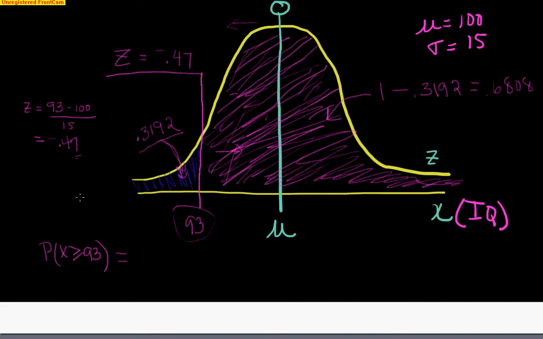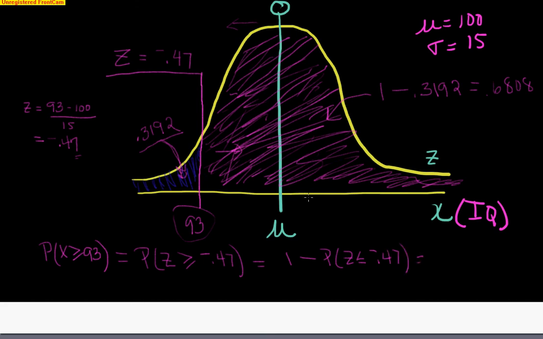So the probability x is greater than 93 is the same thing as the probability z is greater than or equal to negative 0.47, which is equal to, one way of thinking of it, 1 minus the probability z would be less than negative 0.47.